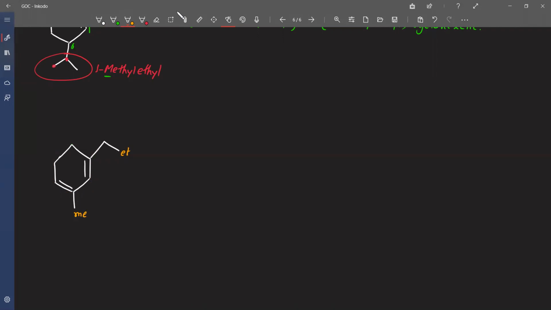As soon as you have two double bonds or multiple instances of multiple bonds, then you will have to give position to those multiple bonds as well, so that we can identify the position of those multiple bonds.